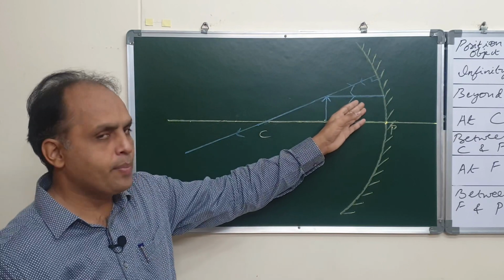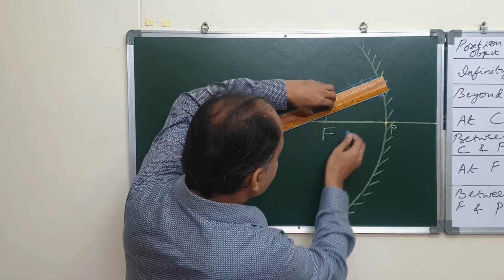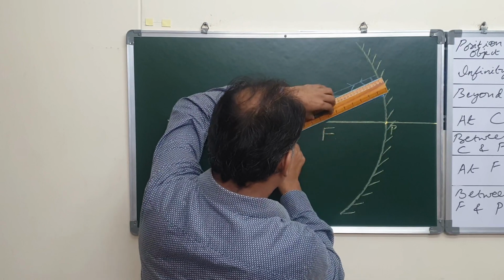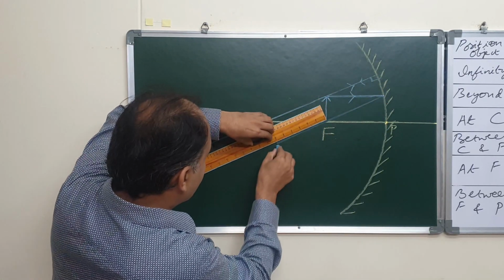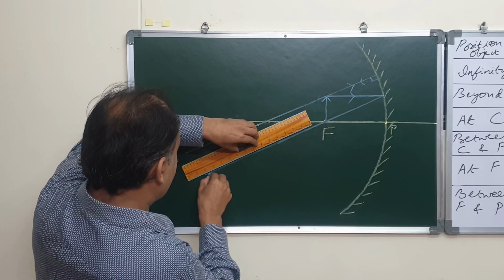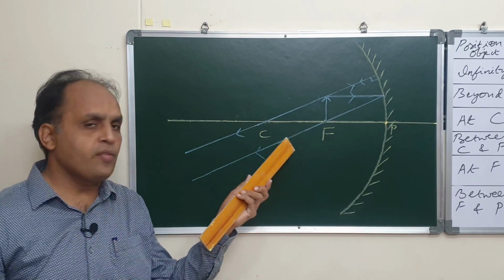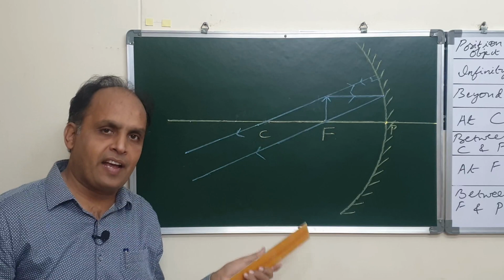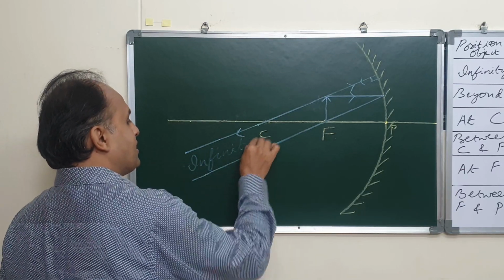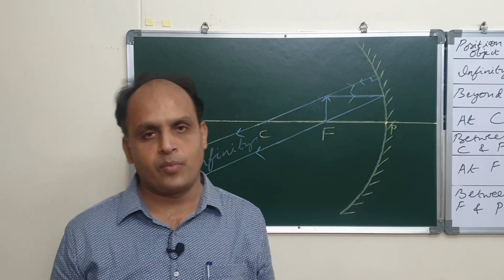Now this ray which is going parallel to the principal axis after reflection goes through focus. So these rays of light cannot meet anywhere at a finite distance. So the rays of light tend to go to infinity, right, which is a very far distance from the object.